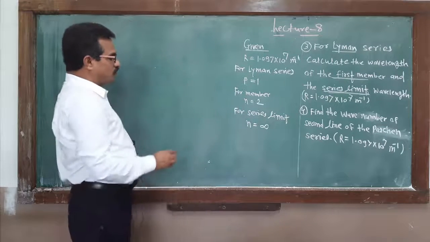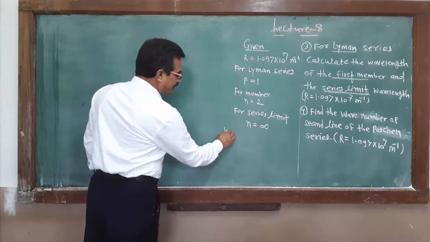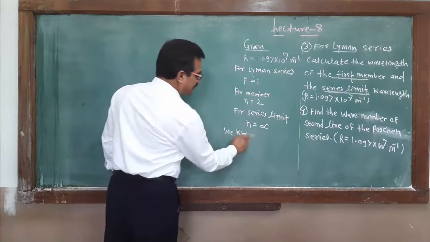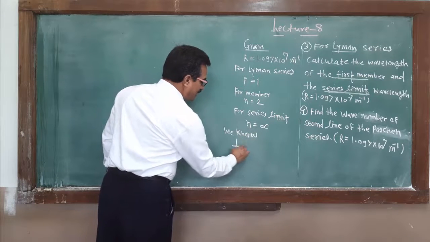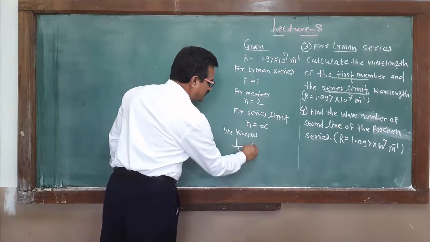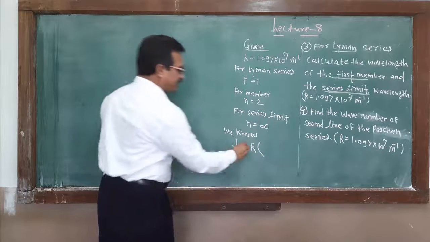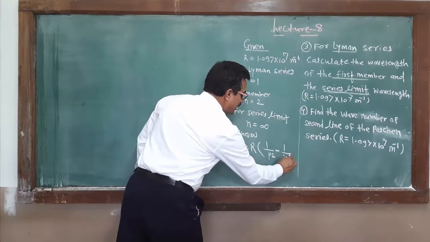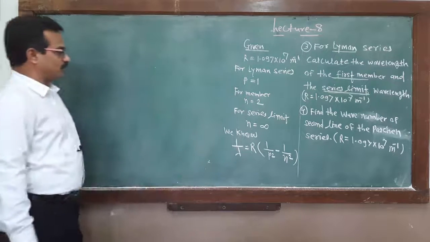And again, use the Bohr formula. We know 1 upon lambda is equal to R in bracket 1 upon p square minus 1 upon n square. This is the formula.